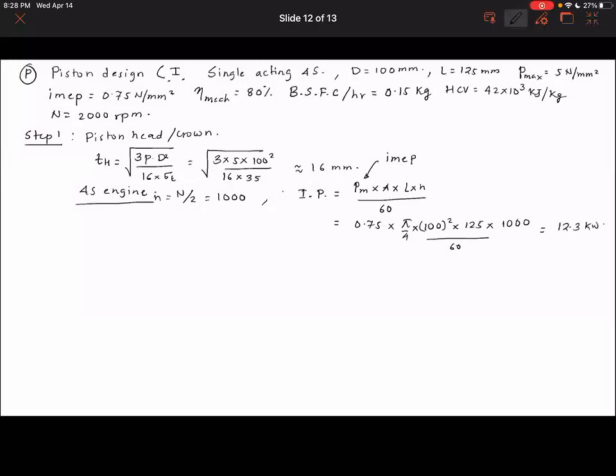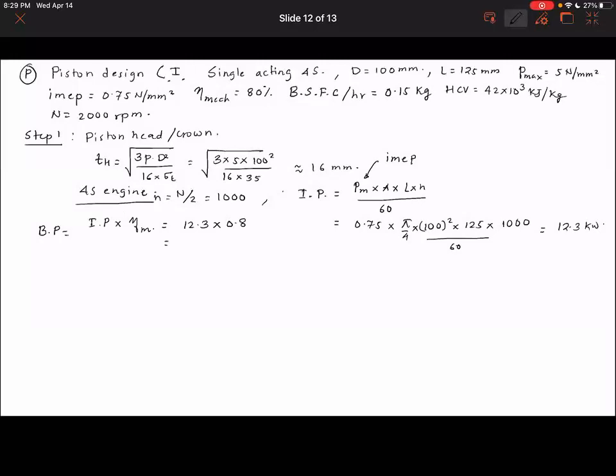And from here, I can find out the brake power is indicated power multiplied by efficiency mechanical, which is 12.3 multiplied by 0.8.